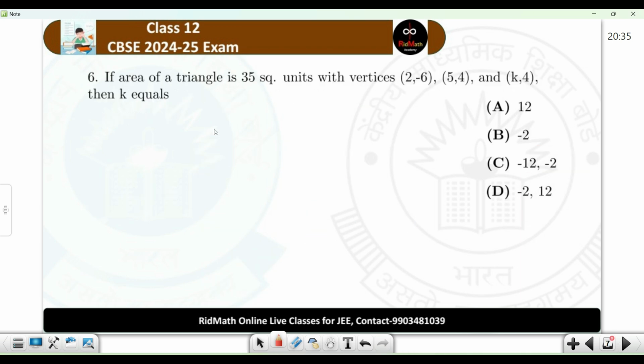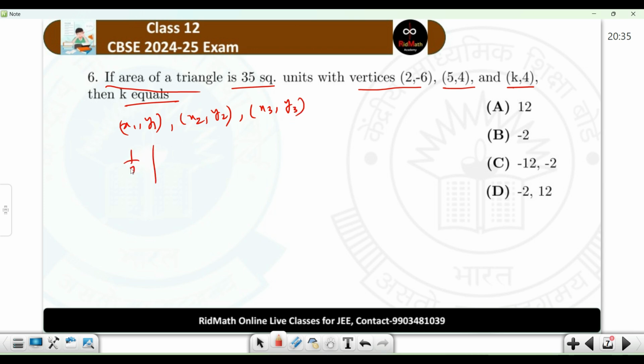Next problem. If area of a triangle is 35 square unit with vertices (2, -6), (5, 4) and (k, 4), then k equals to what? So we know that if the vertices are (x1, y1), (x2, y2) and (x3, y3), then the area is half of the determinant [x1 y1 1; x2 y2 1; x3 y3 1].